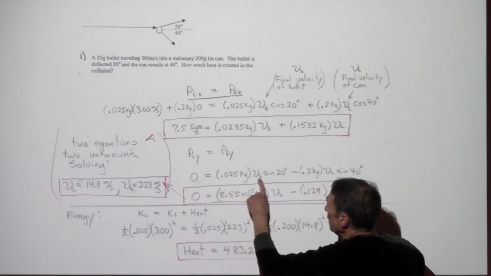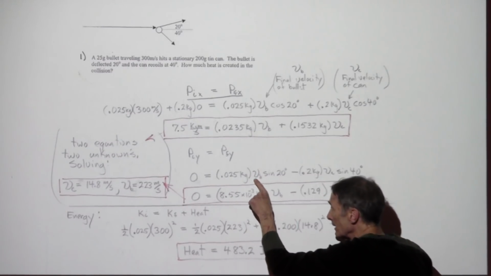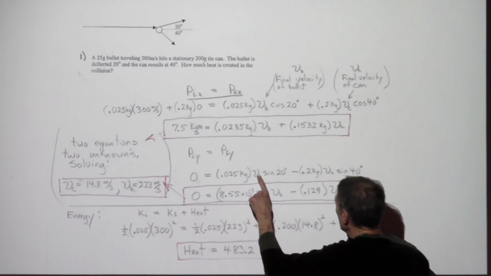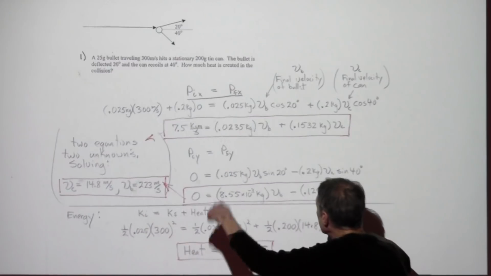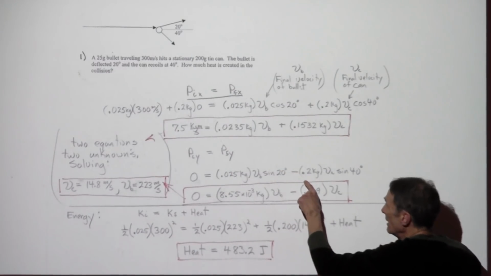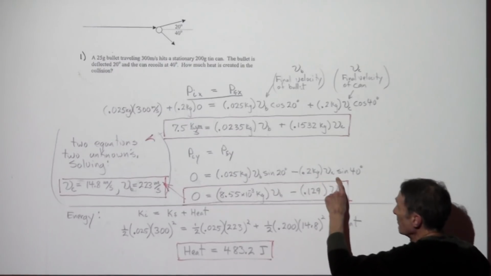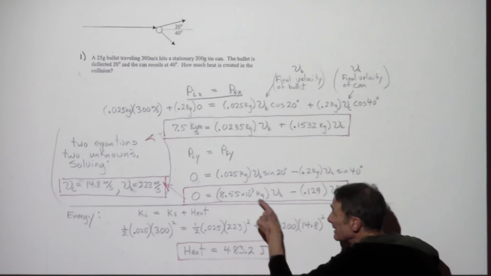The bullet gets deflected up, sine 20 degrees. Again, I don't know what the velocity of the bullet is, so I'll just put that in as v sub b. The tin can, though, does get sent in the y direction, so I'll call that down as negative. That'd be its mass times the velocity of the can times the sine of 40 degrees. So we can simplify that.